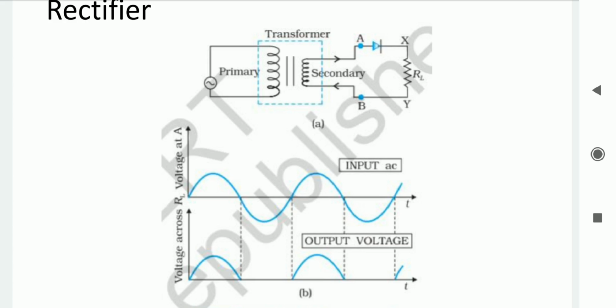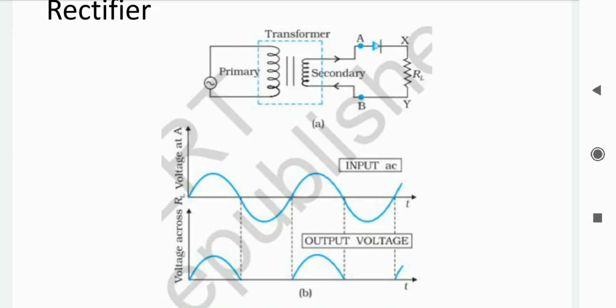The reverse breakdown voltage of the diode should be sufficiently larger than the maximum value of the input voltage at the secondary winding, so the diode is protected from breakdown.